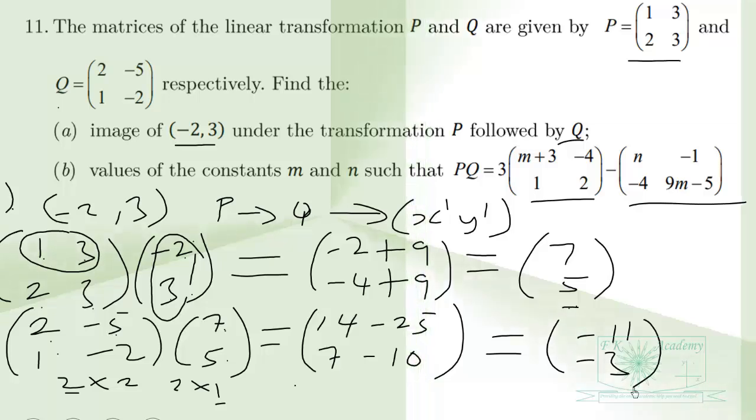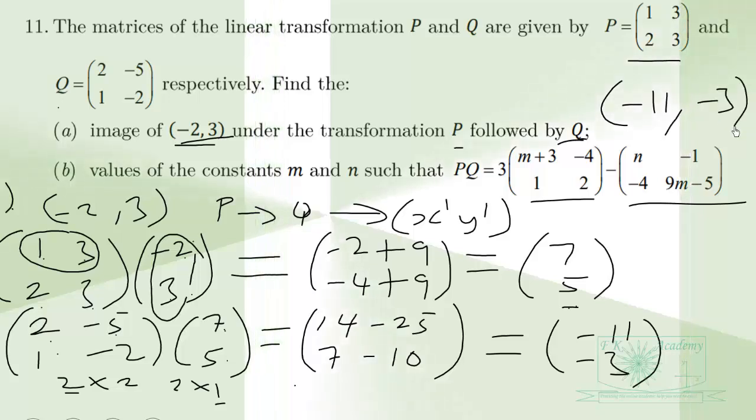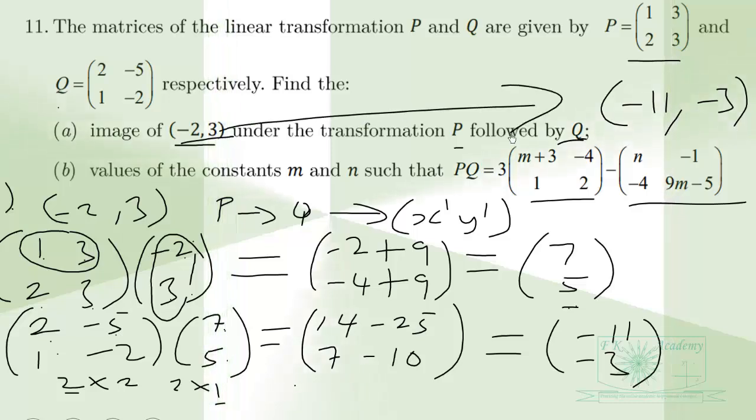What do we do next? So it means that when we transform this point (-2, 3) under the transformation P followed by Q, the result is (-11, -3). So you write it back as a point. This is the image of this.